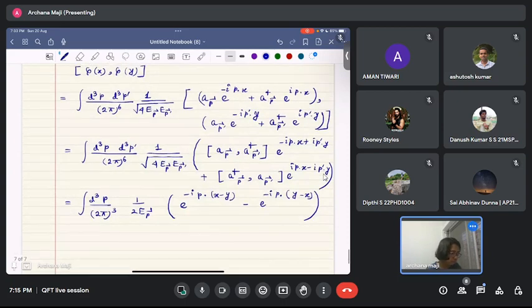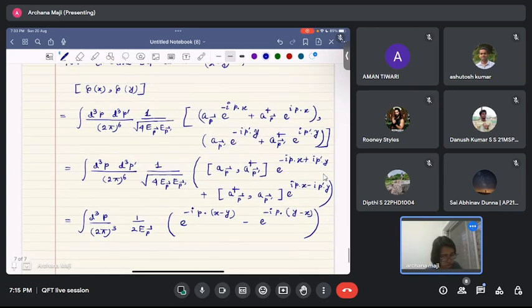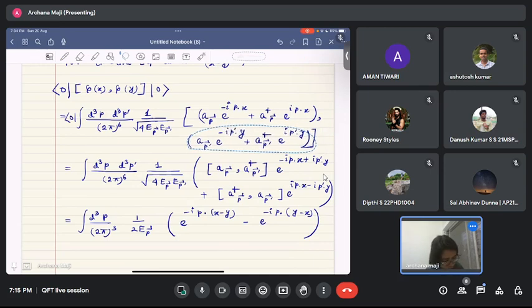Now, we can always sandwich this between the vacuum state, but that wouldn't change what we have done so far. I'm doing this in order to give it a meaning.